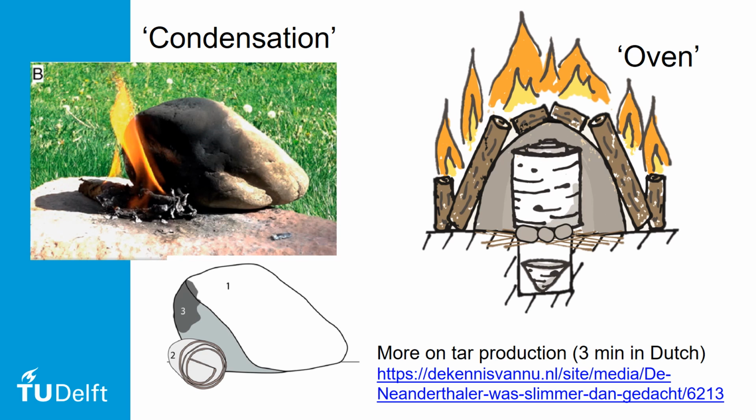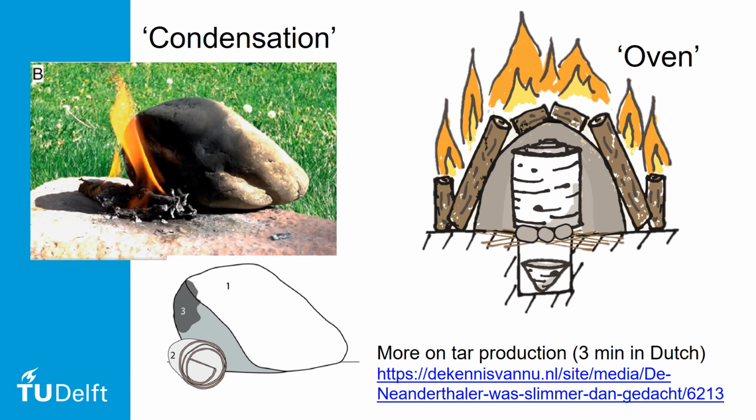So my team and I experimented for weeks on end, and we found 3 ways to make tar. And very recently a team from Germany published another super simple way to make tar, and that you see here under the condensation technique. That's basically a bark roll that they set to fire, and then they catch the fumes and the vapors with a stone and they scrape off the tar.